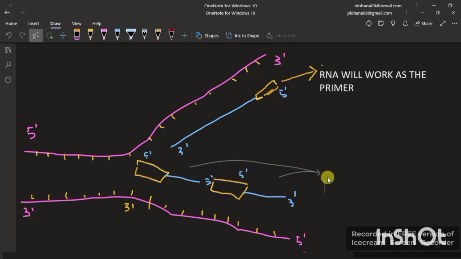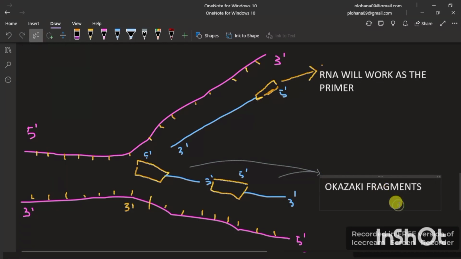These fragments are called Okazaki fragments. Let me mark here. Okazaki fragments.